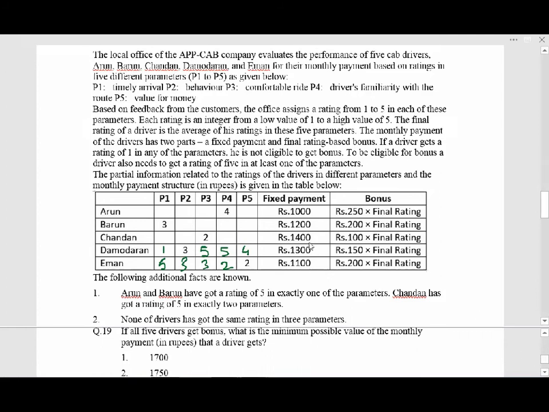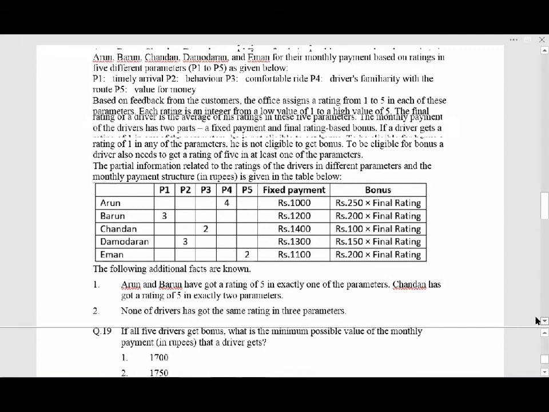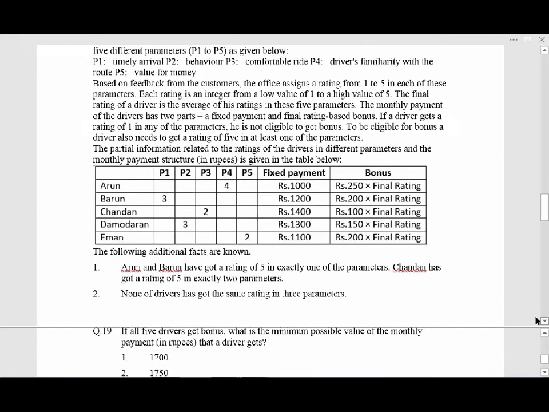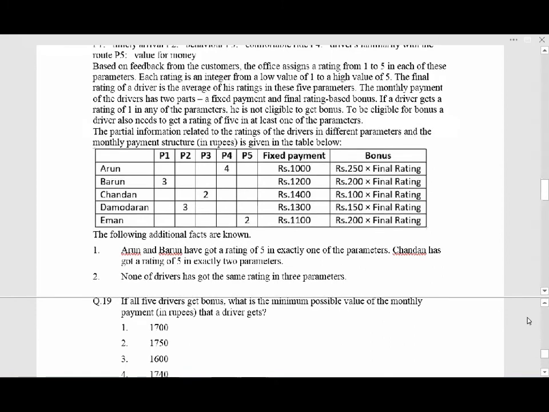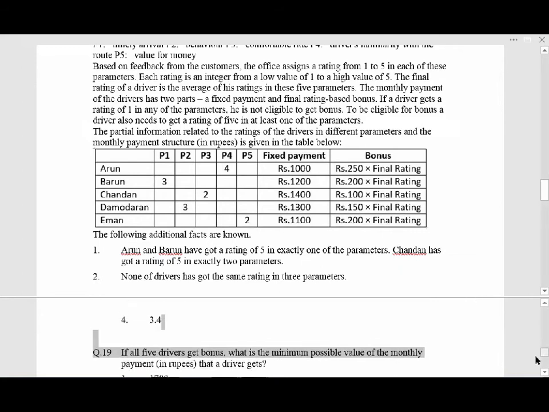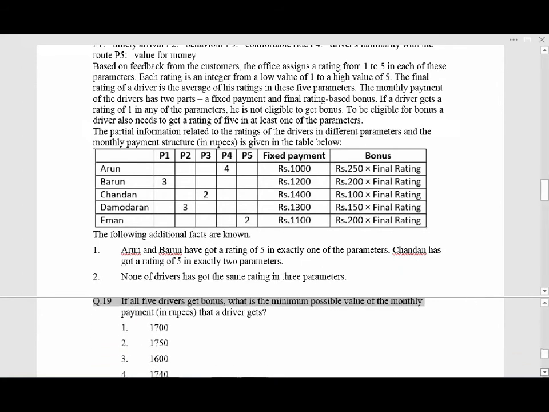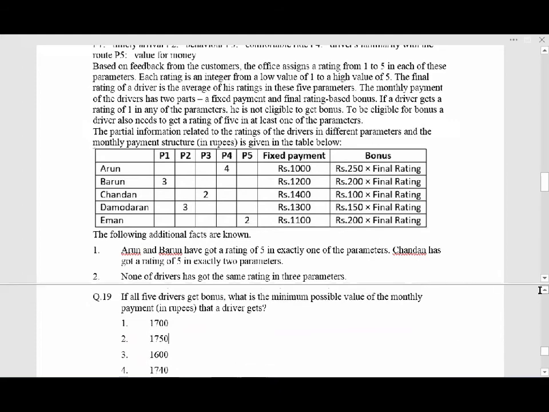If all 5 drivers get bonus, then what is the minimum possible value of monthly payment? Okay.